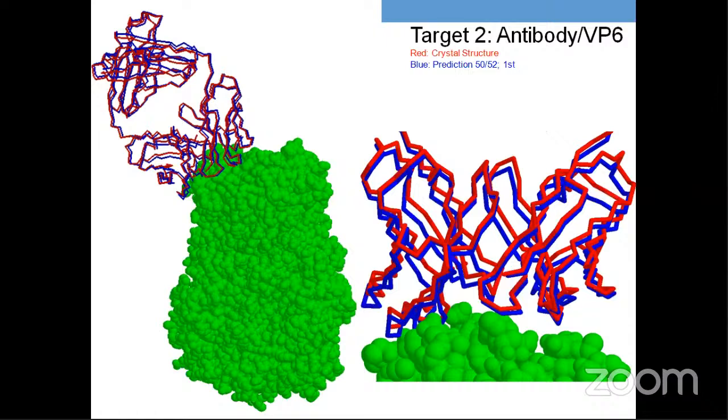What is done here is that we perform the docking and then compare the docked complex with the actual crystal structure and check the root mean square deviations between their backbone atoms. And here, the backbone atoms are quite well superimposed. So that means our dockings are quite good.